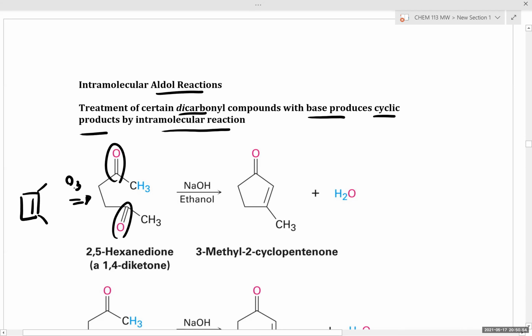So ozonolysis is often a common method to prepare these 1,4-diketones or other diketones. And these diketones can then be subjected to aldol reaction conditions to generate substituted cyclic enones.